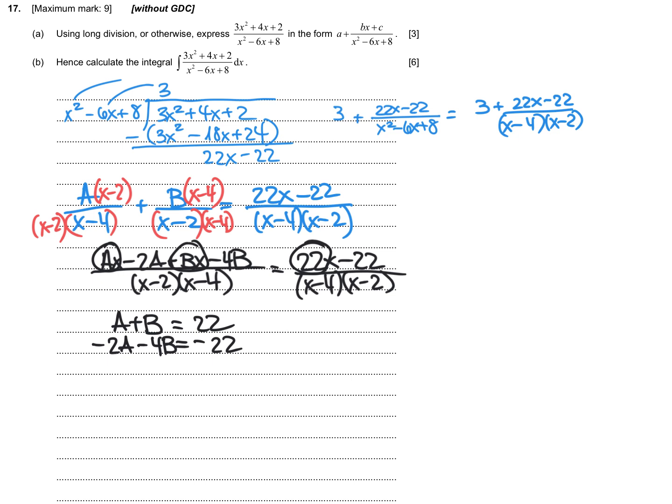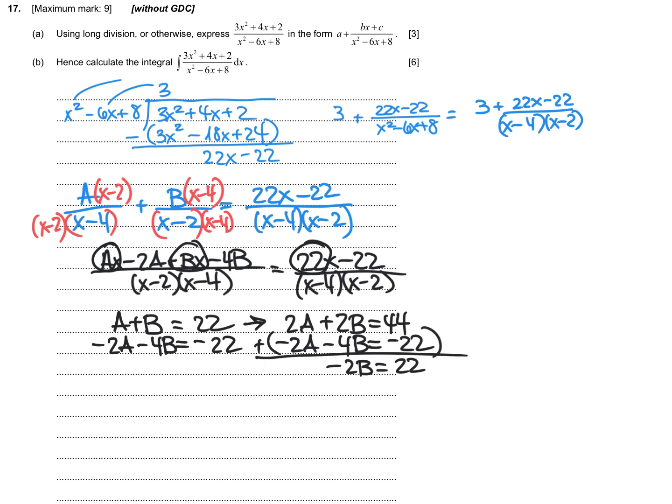Okay, so I am going to multiply by 2 up top. And then this stays. And we're going to add. So that the A's go away, and 2B plus a negative 4B is negative 2B, and 44 plus negative 22 is 22, so B is negative 11, and A is going to be 33.